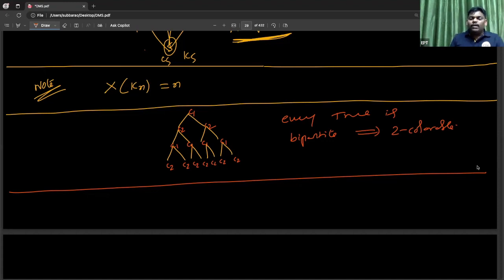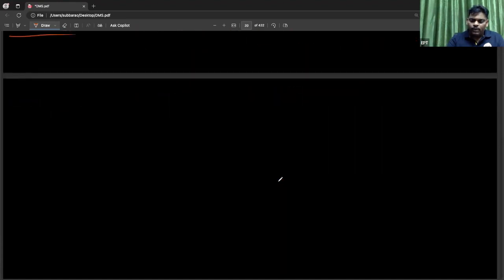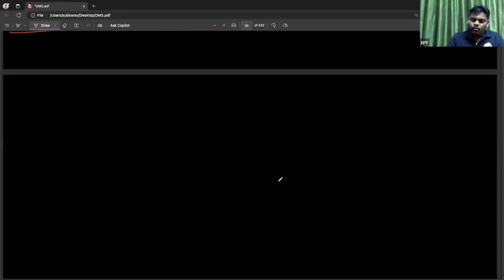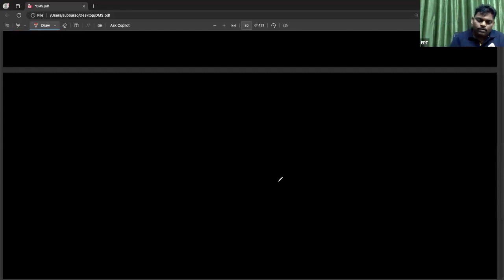Someone is saying k-regular graph. You can check once. Now let me go to the next one. One more, see this also. 1, 2, 3. Can you see? Is it a cycle graph?